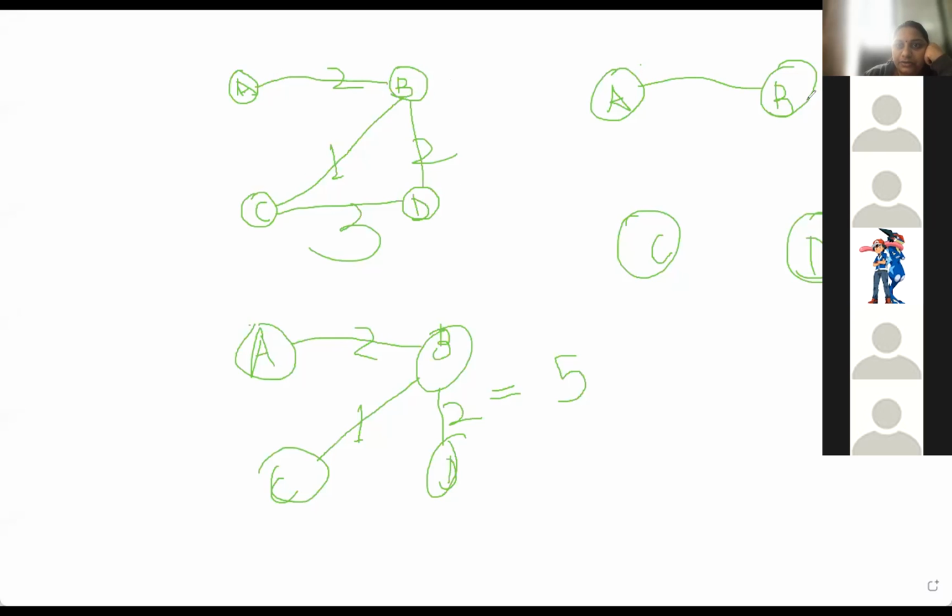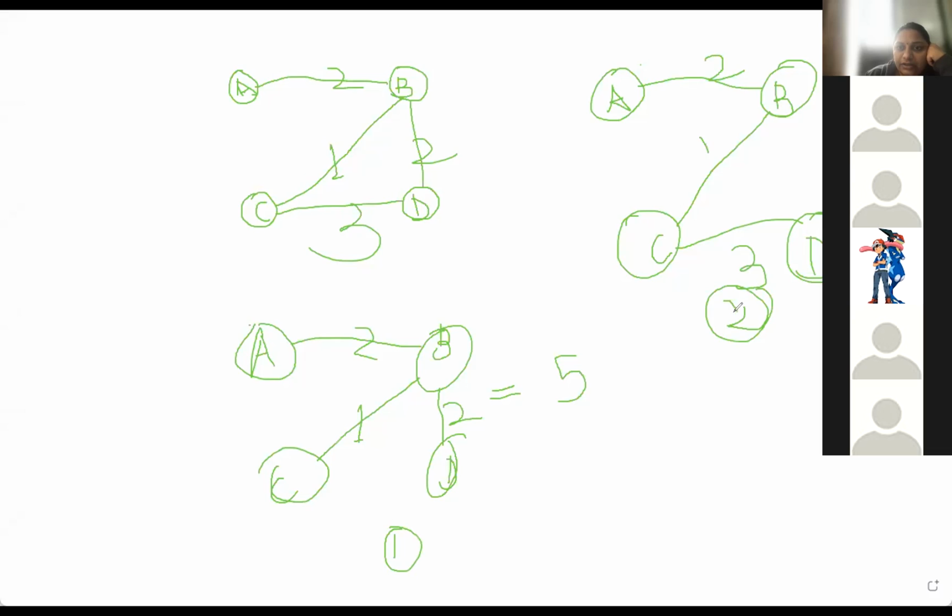A to B, B to C, and C to D. Okay, 2, 1, and 3. Is it a spanning tree? 4 vertices are there, 3 edges are there, no cycling. So it is a spanning tree. This is the first spanning tree and this is the second spanning tree.